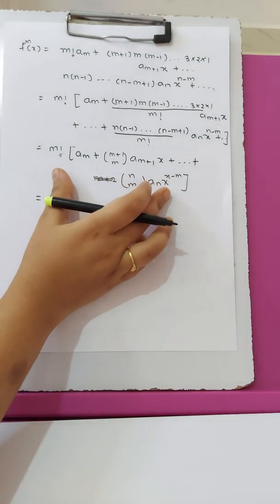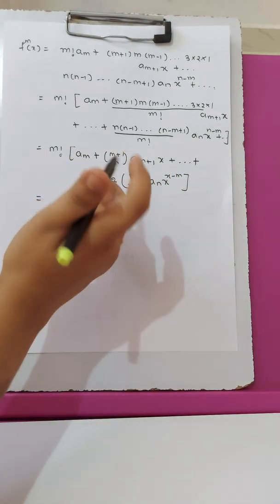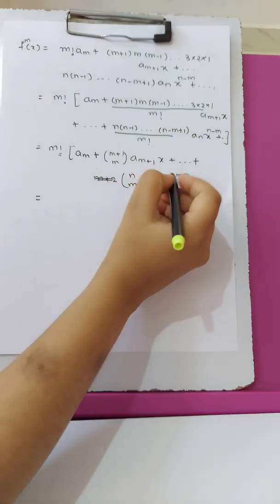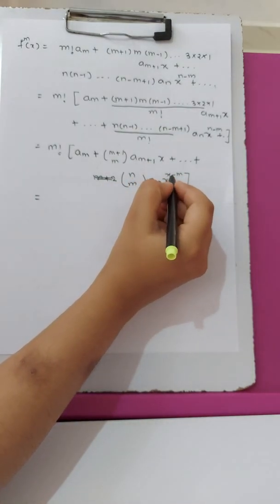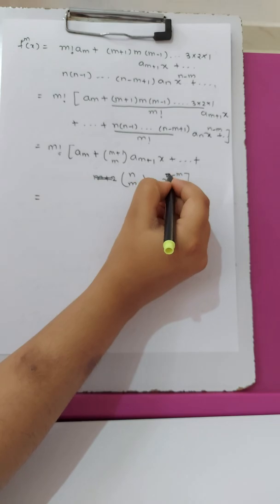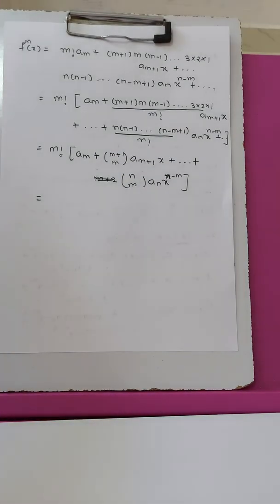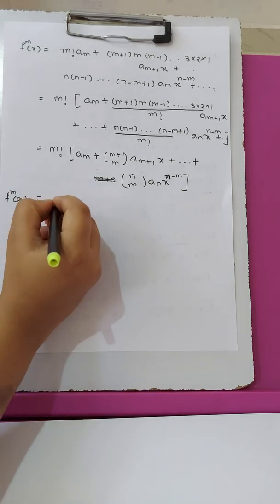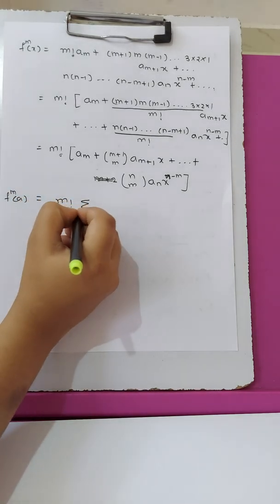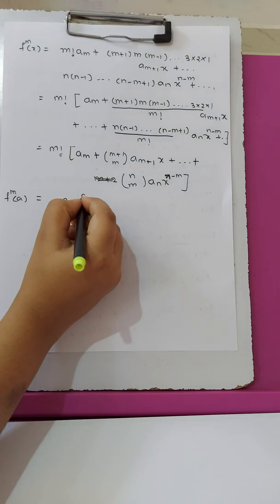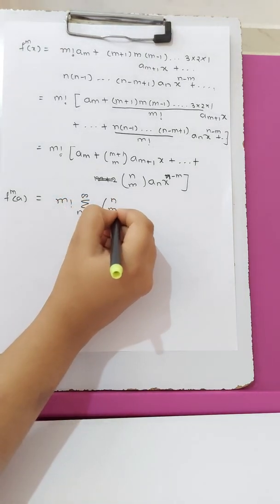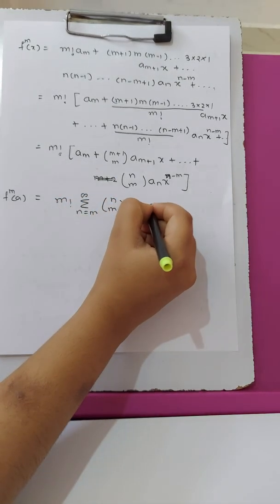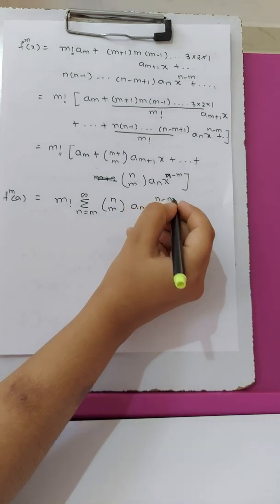So by the binomial expansion, this is x to the power n minus m. So by definition of binomial expansion, this fm of a is m factorial summation n equals to m to infinity n choose m an a to the power n minus m.